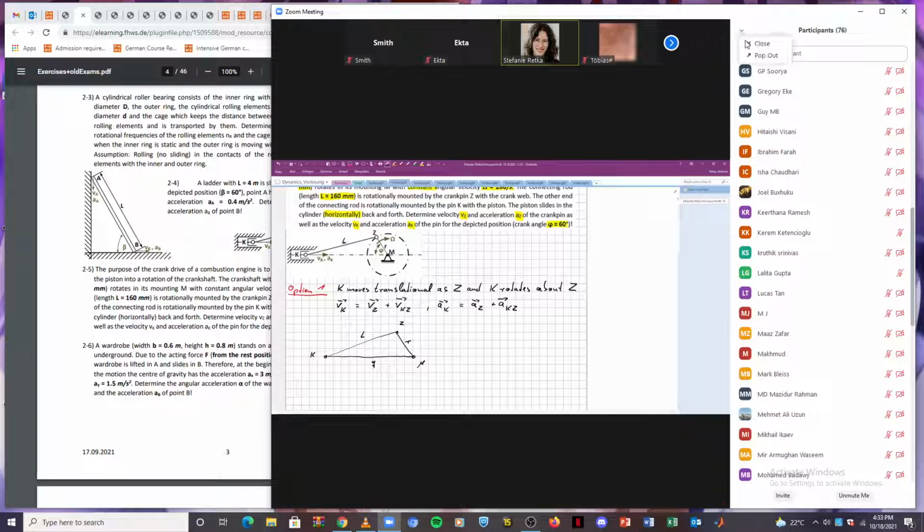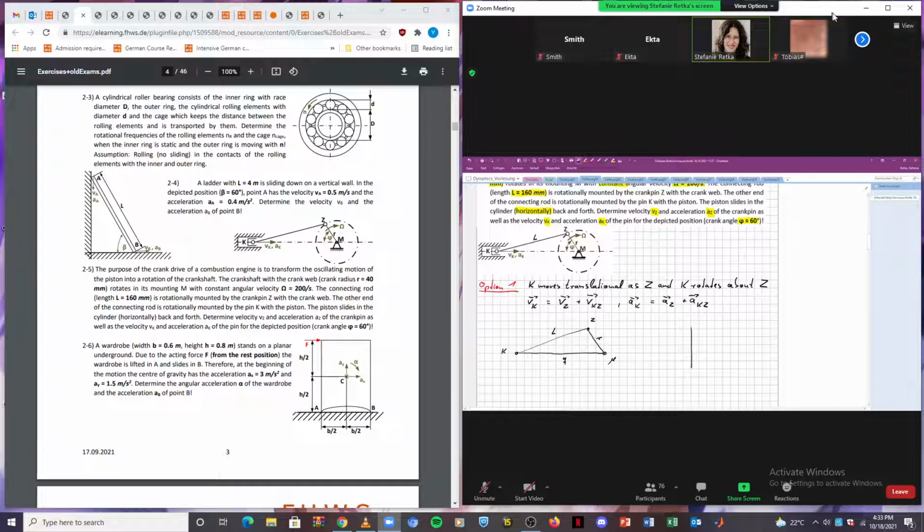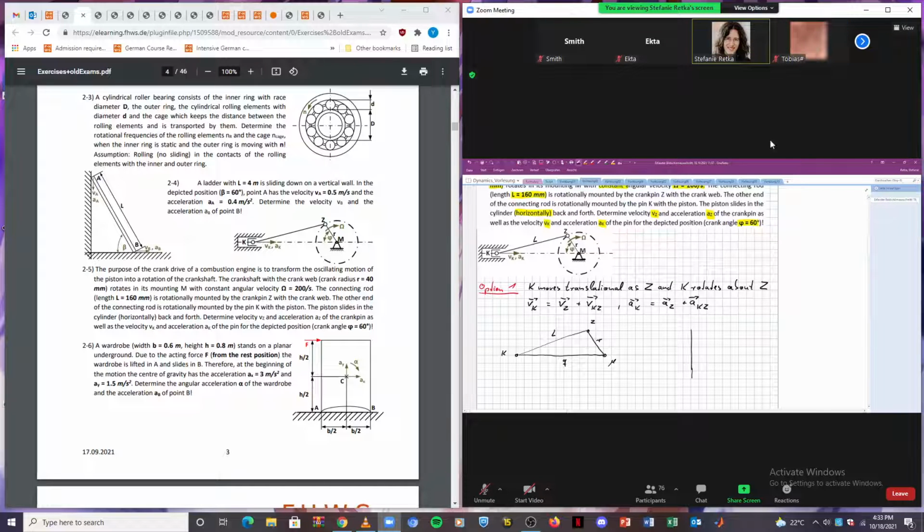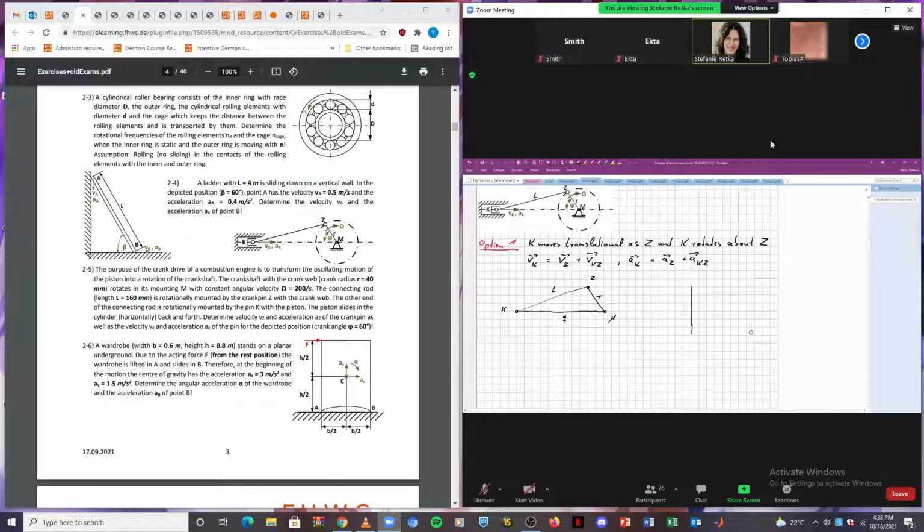I will give you a simple example which might help you understand what we do. Let's assume we have a wall and there's a ladder standing here. And now there's a person, it's like a problem from statics actually, but assume there's a person walking on this ladder and the ladder starts to slide.